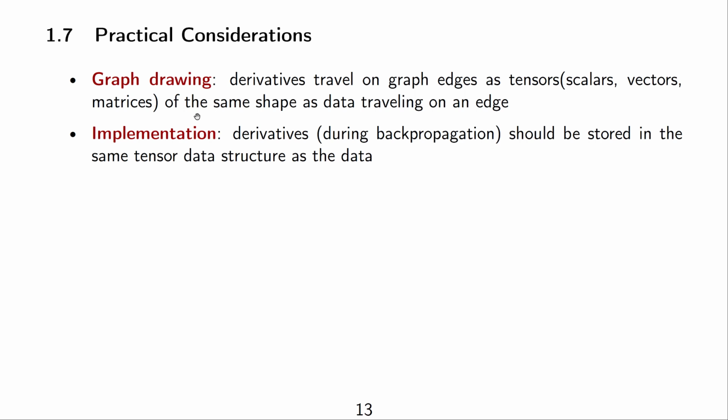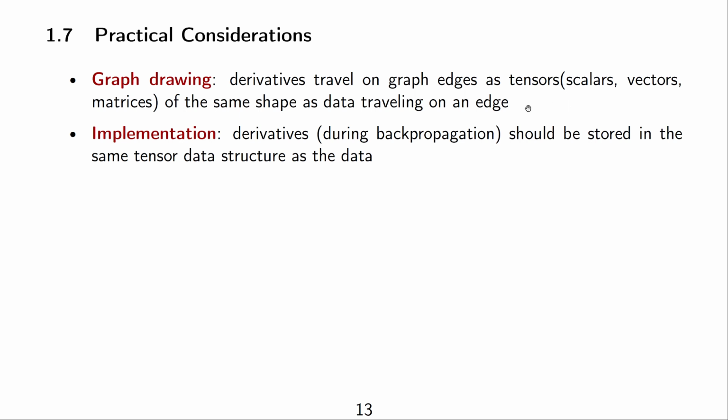Also for the implementation, the derivatives should be stored in the same data structure type as the data. So you would probably like to have some implementation where you don't want to deal with all these transposes. Of course, this is some sort of a design choice. It's just that for the figures in this lecture, we will see that this is true.